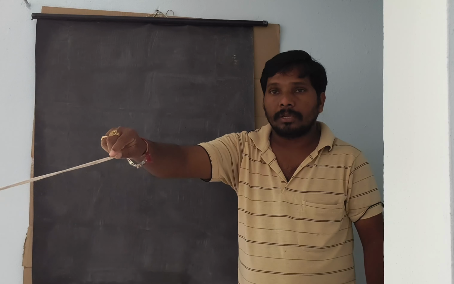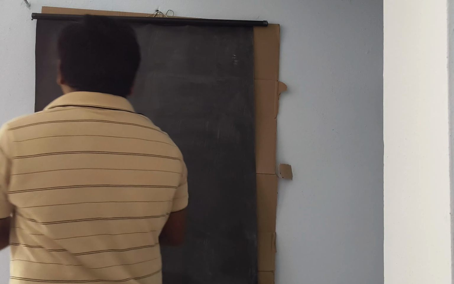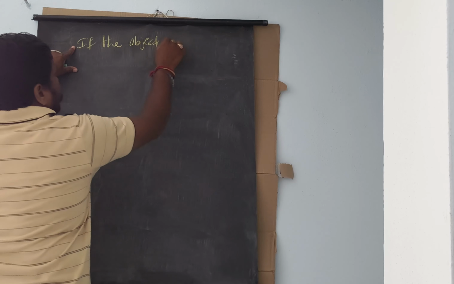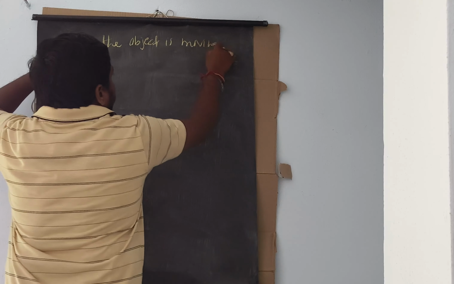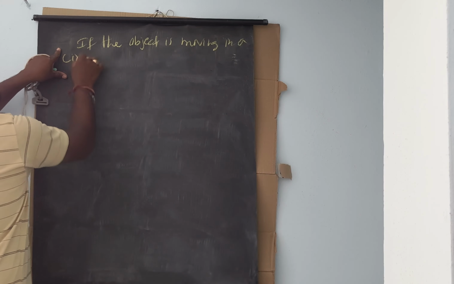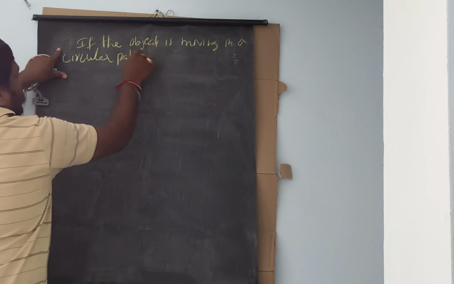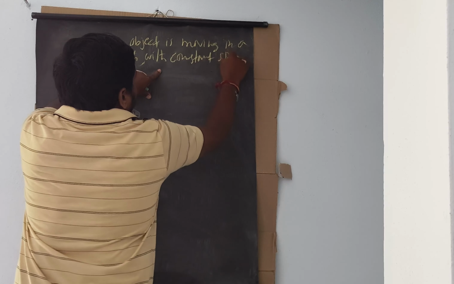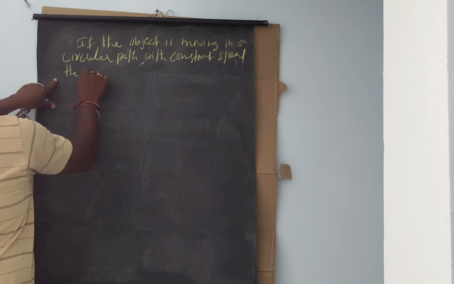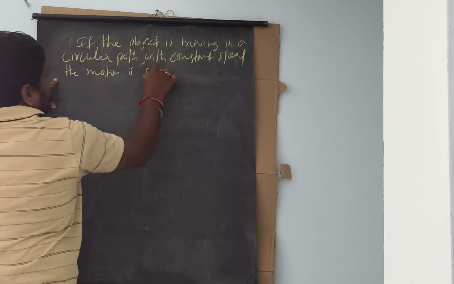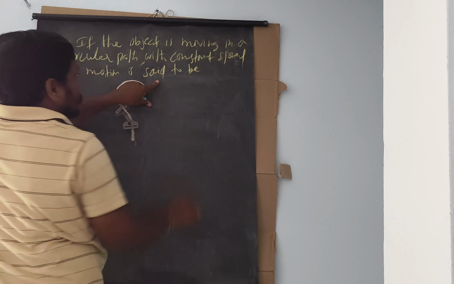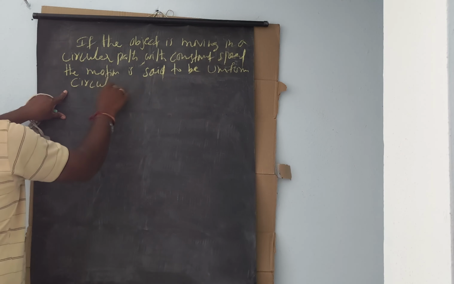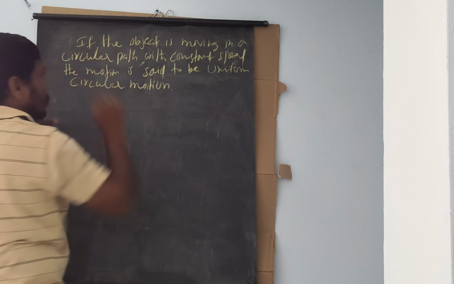If an object is moving in a circular path with constant speed, the motion is said to be uniform circular motion.